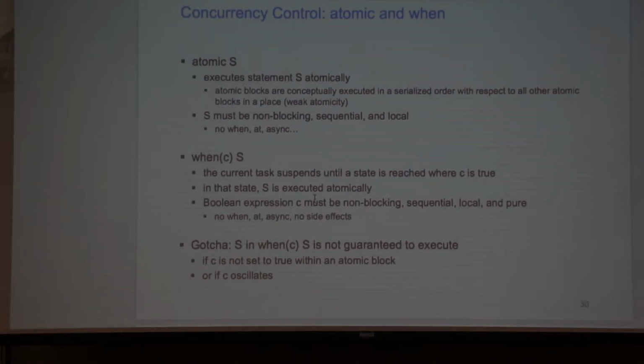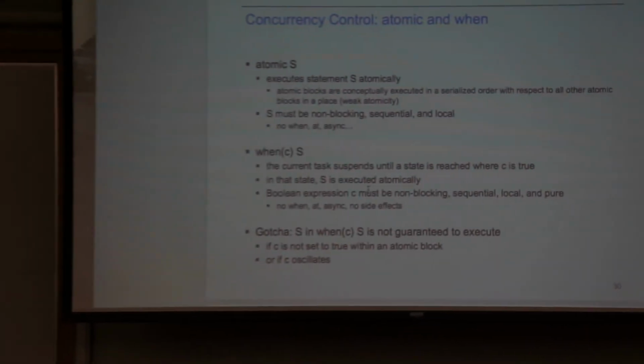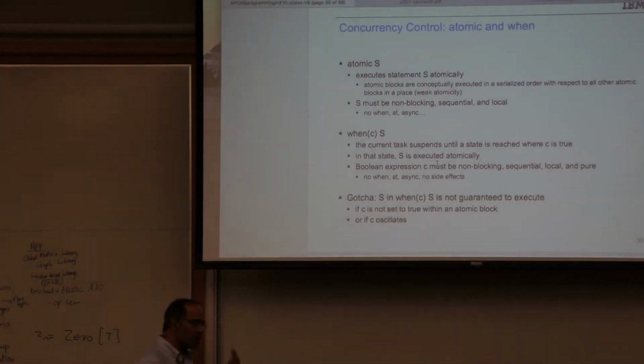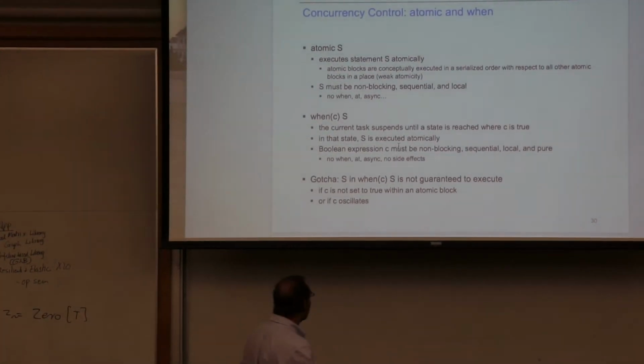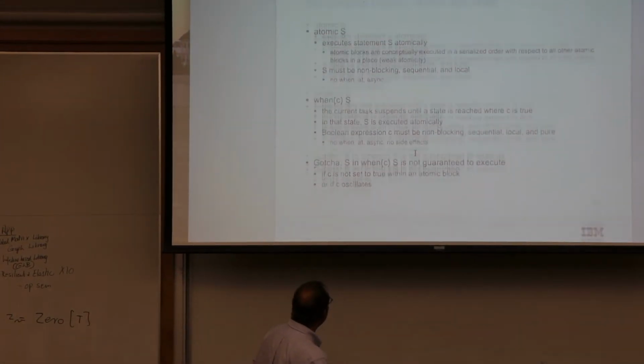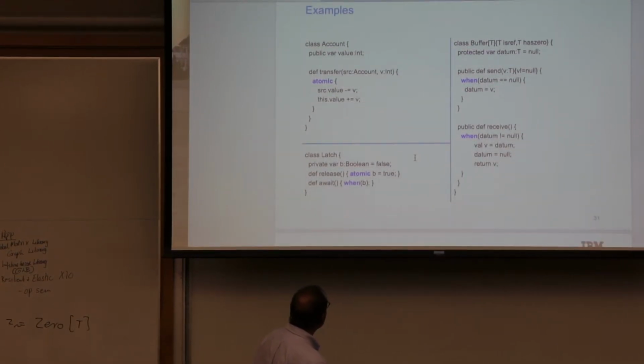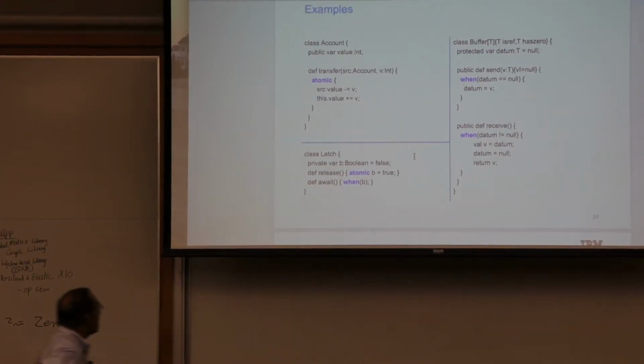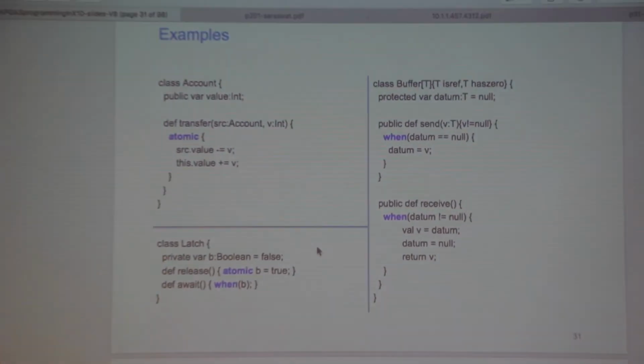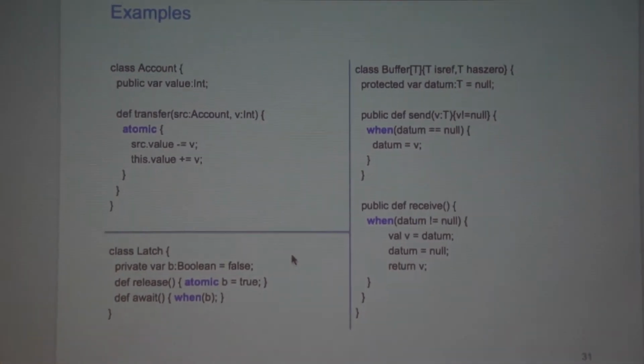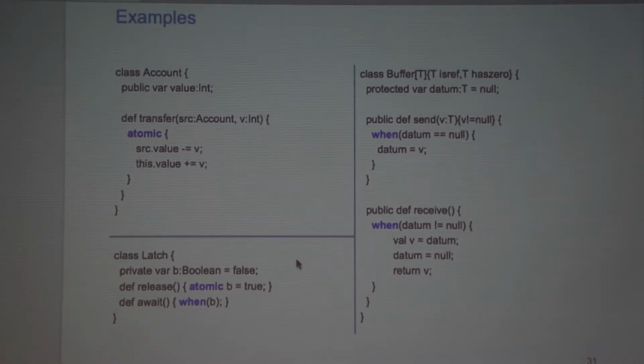So that enables the runtime to put in code that says if a variable is being set that potentially something is waiting on, let me go check if that condition is satisfied, and you can go execute that. Obvious examples, a latch is a private variable. It is initially false.